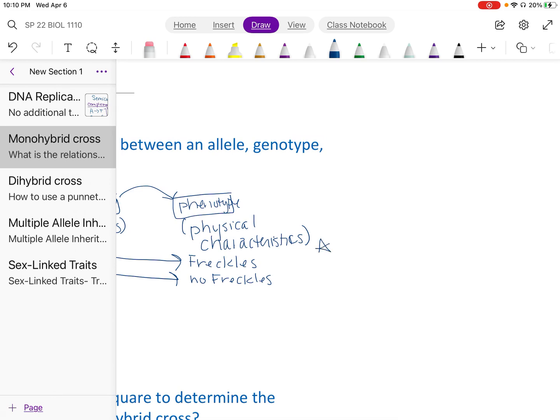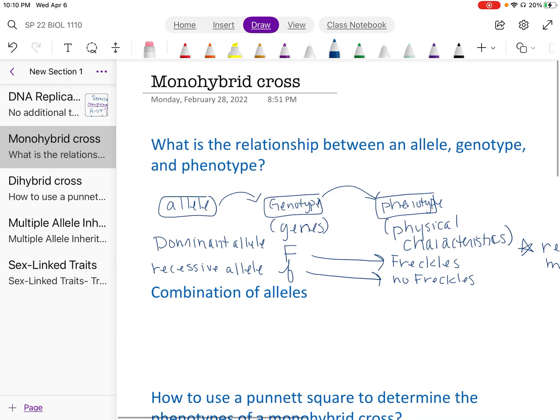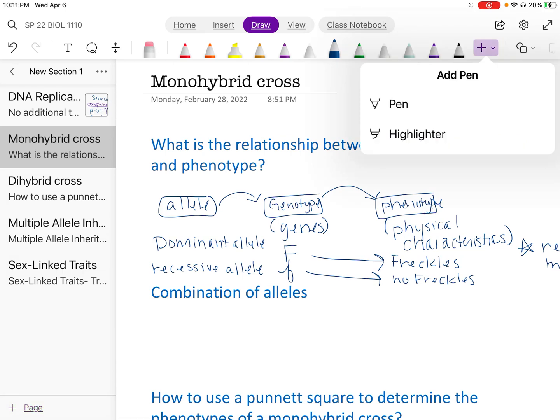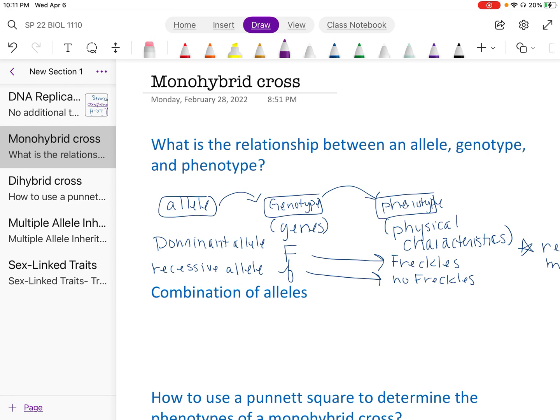So also note that if you have a recessive allele, this recessive allele is masked by a dominant allele. So that is showing the relationship between an allele, genotype, and a phenotype.